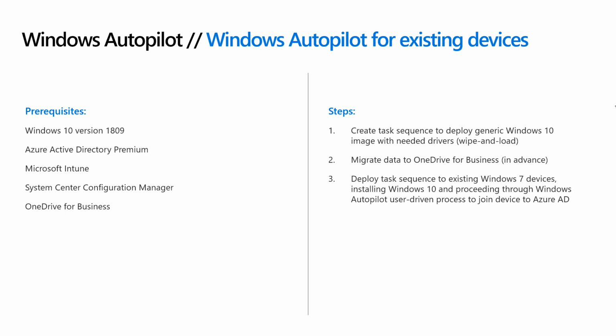You wipe and load your computer, so you just remove everything. You format your Windows 7 disk, you install Windows 10, and at the end, the user goes through this OOBE process. Do you know what it means?